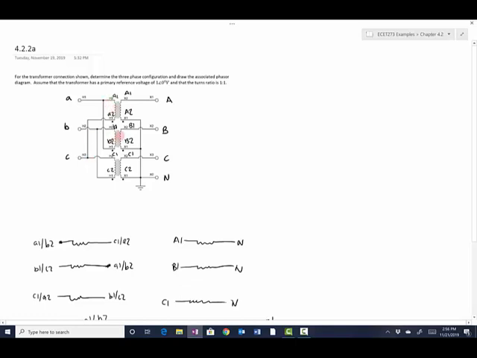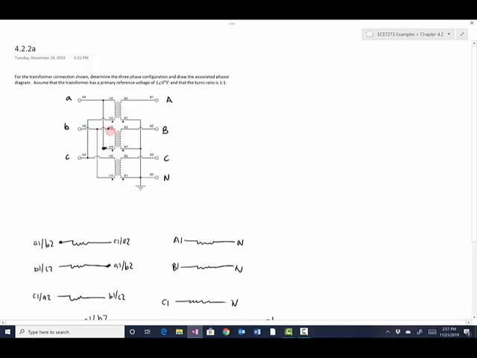If I come down here, I see that this node here is B, and this node here is A. So if I measure from here to here, or that's actually from here to here, that's VAB. So that's it right there. This is our reference coil right here. In fact, I'll clear this up a little bit by erasing those. So this node here is node A, and this node here is node B.